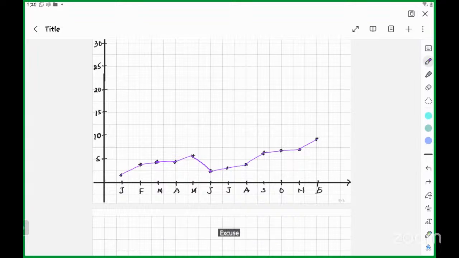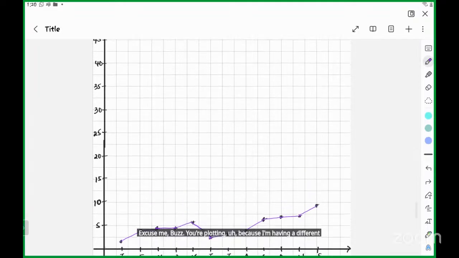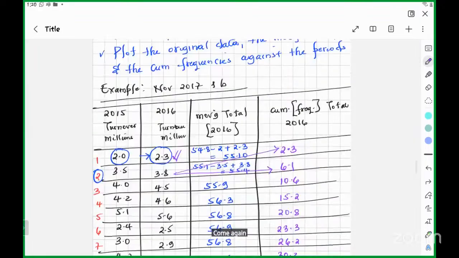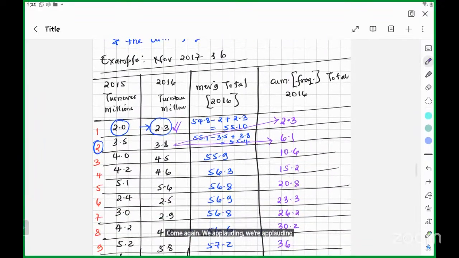Excuse me. Yes, please. You're plotting, because I'm having a different graph. I think I've made a mistake somewhere. Come again. We are plotting the turnover for 2016 against the periods first.